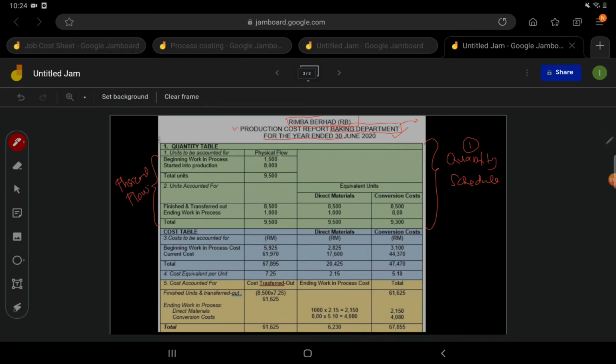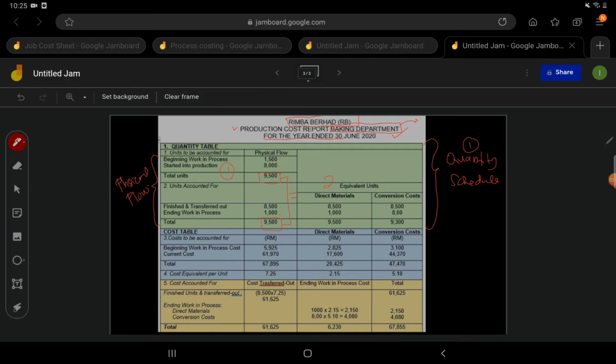Okay, beginning work in process plus started into production. Okay, total equal to finished plus ending work in process unit. Okay, the total here is equal. Right? And this is the first step.